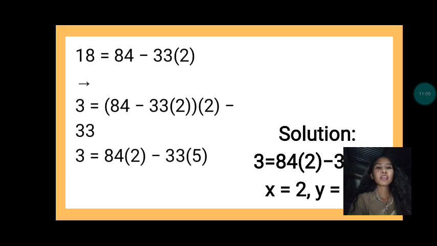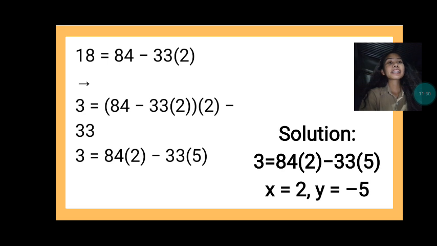In substituting, we have 3 is equal to (84 minus 33 times 2) times 2 minus 33, which is equal to 3 is equal to 84 times 2 minus 33 times 5. So our solution is that x is equal to 2 and our y is equal to negative 5.